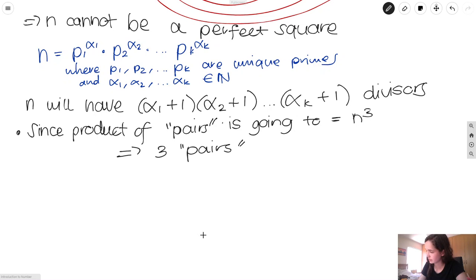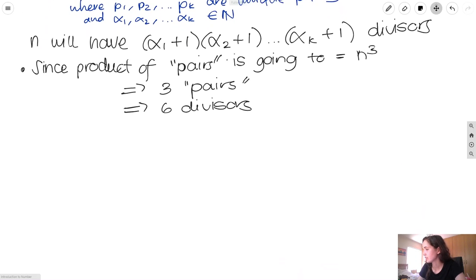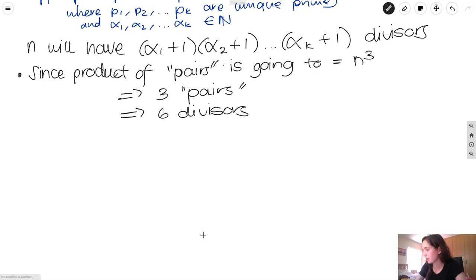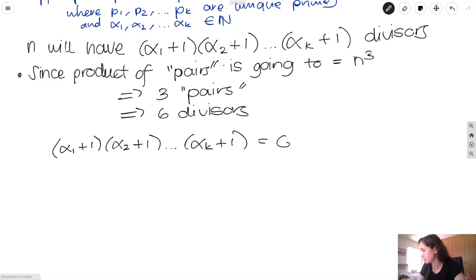In other words, there are going to be 6 divisors of n. So in other words, we know that this is going to equal 6.